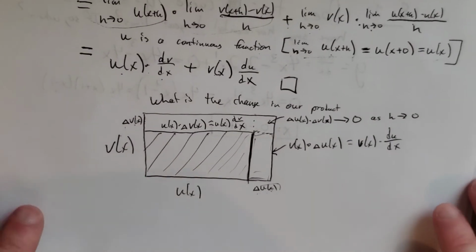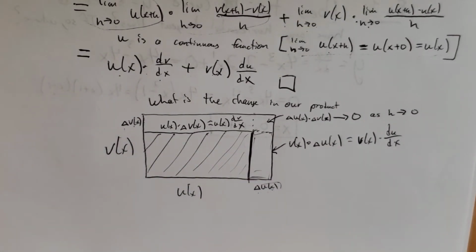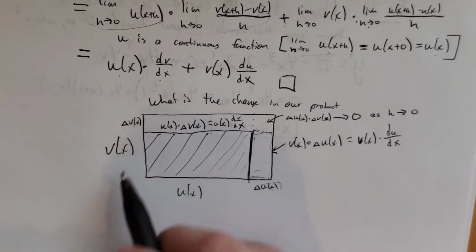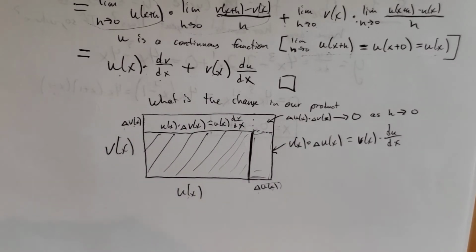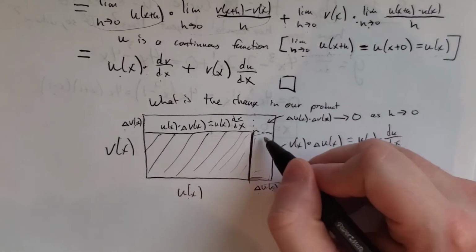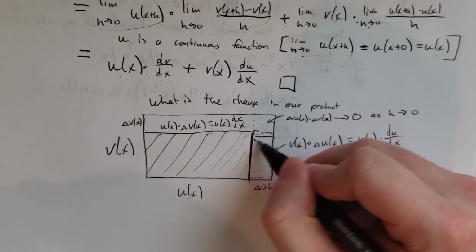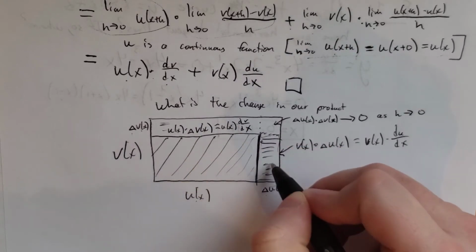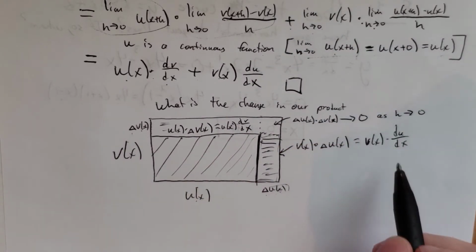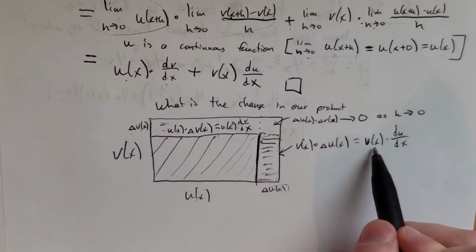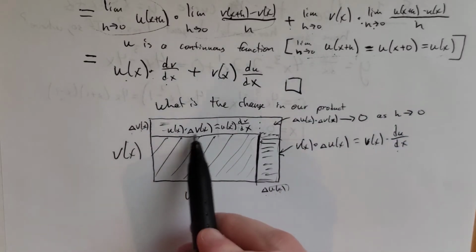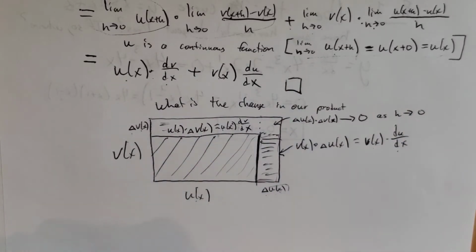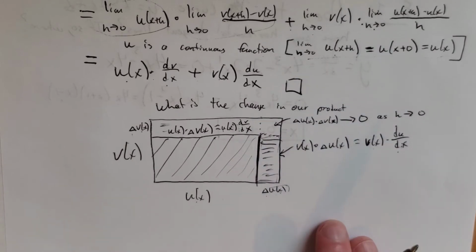So what is our change in this product, u of x times v of x? Well, the change is this region right here plus this region right here. And what are those two things? Well, those are v of x times du dx and u of x times dv dx. So we get the sum of those two things.